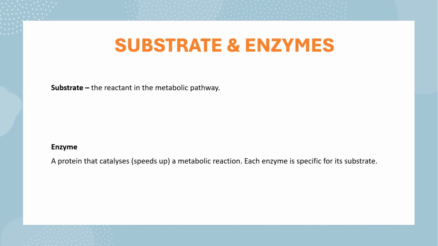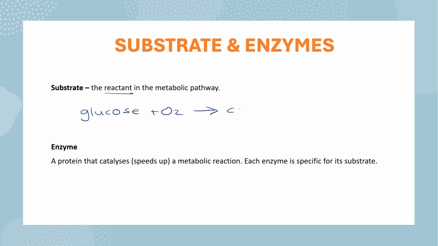Before we move on, I just really want to clarify the following terms, substrate and enzyme, because it's going to come up a lot. Substrate is, as I said just before, the reactant in the metabolic pathway. A really good example that we should all know really well is cellular respiration. As a reminder, we start with glucose and oxygen, and then the reaction occurs and we end up with 2 products.